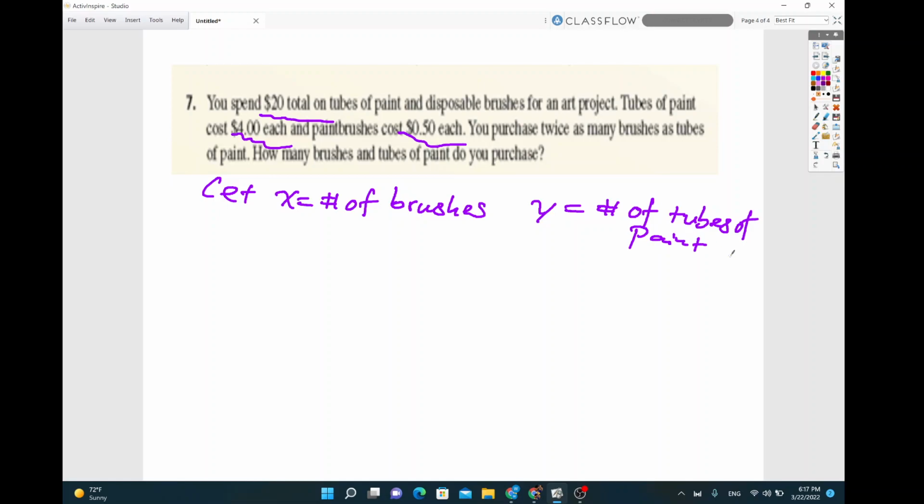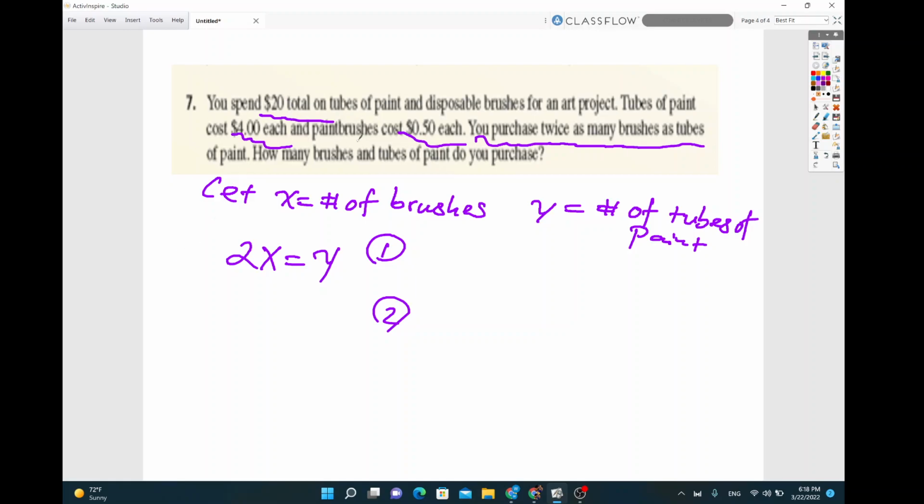Okay, so now one thing we notice, you purchase twice as many brushes as tubes of paint. So that means 2 times x gives you the result of y, okay? Because the statement right here tells you the relationship of the number of brushes and the number of tube paints. Okay, so that would be the first equation. And then the second equation right here. Okay, so $20, that's how much you can spend.